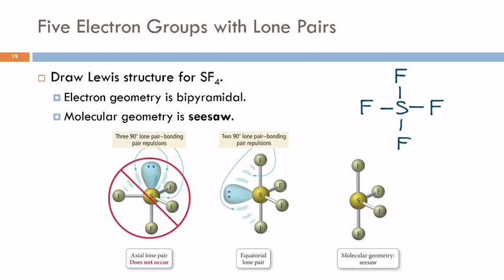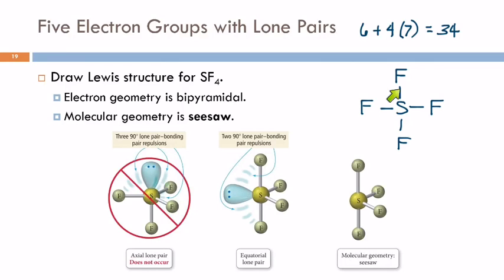Then we have to consider how many valence electrons do we have for the whole molecule. Sulfur has how many valence electrons? 6. There's 4 fluorines, and they each have how many? 7. So we got 4 times 7 is 28, and 6 is 34. Did I do that right? That sort of math is great if you can do it in your head, but it's more important to get it right.